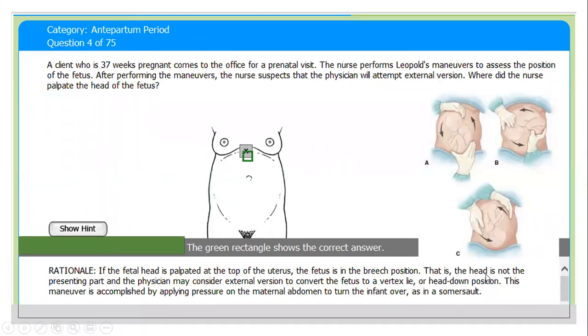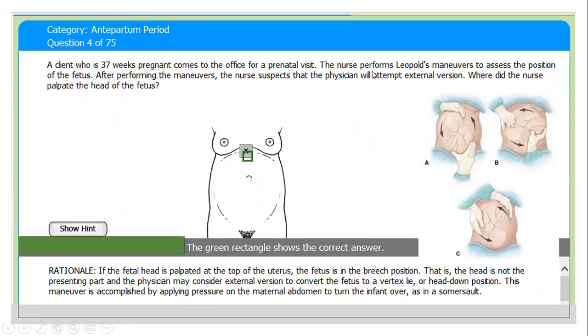That is, the head is not the presenting part and the physician may consider external version to convert the fetus to a vertex or head-down position. This maneuver is accomplished by applying pressure on the maternal abdomen to turn the infant over, right?